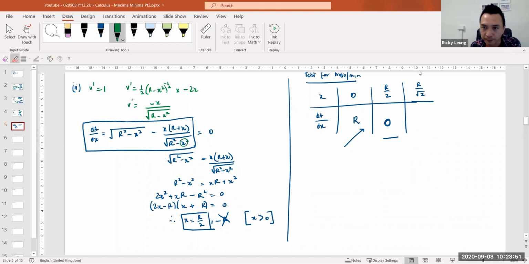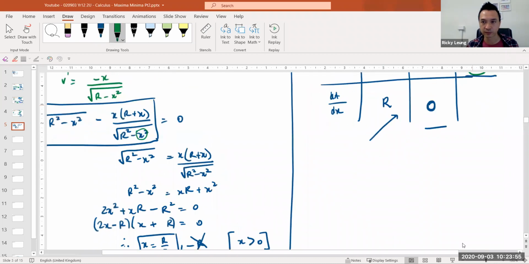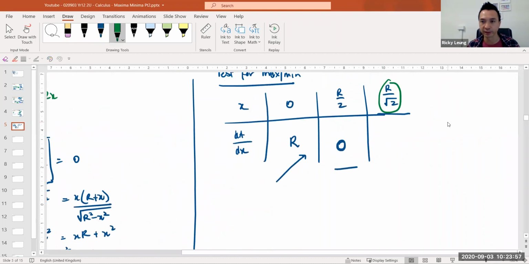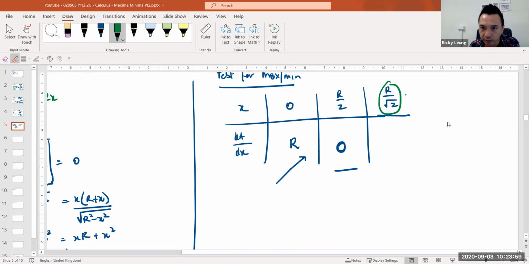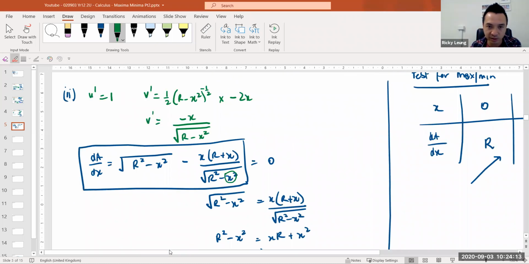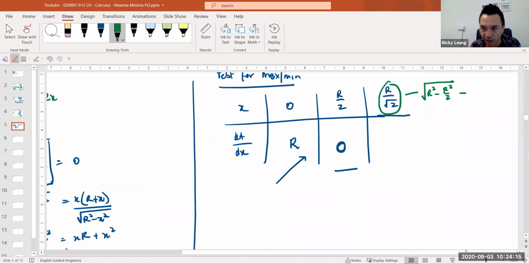So just to be clear, when I sub this in, let's investigate that. Substitution. So subbing it in, I get the square root of r squared minus x squared. Now, this guy squared will be r squared on 2 minus x times r plus x.